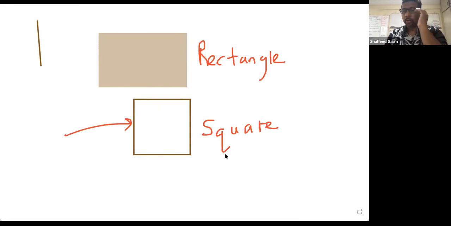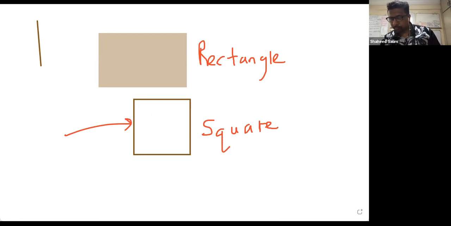Cannot. Okay, I'm going to ask one by one. We ask Shalina. Shalina, do you think this can be called a rectangle? Cannot. Putra? Cannot. Farish? Farish, cannot. Can I call this square a rectangle?